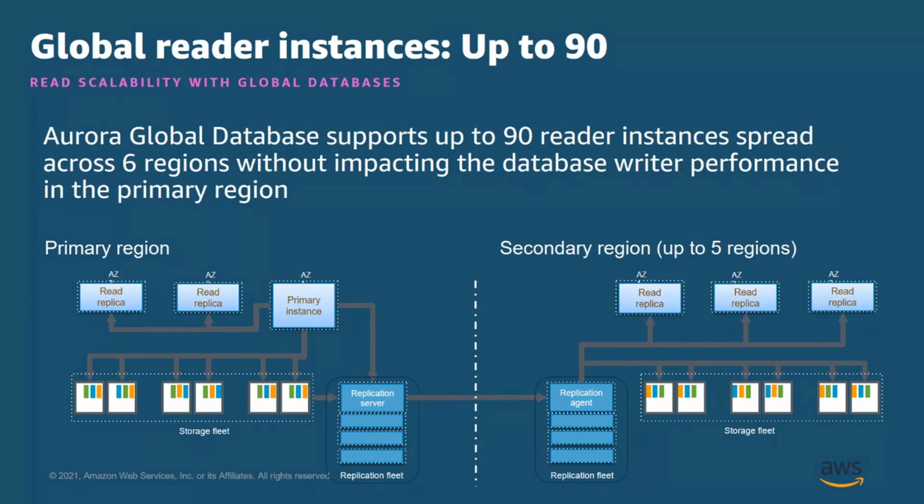So, in total, global database supports 15 multiplied by 6, 90 readers spread across 6 regions. So you can have a huge read-only farm for your application across the globe. One thing I would like to point out here is that only the primary region can have a writer instance. All of the secondary regions will only have read nodes.